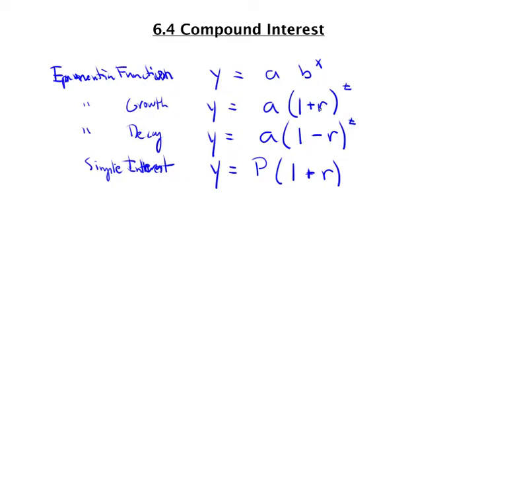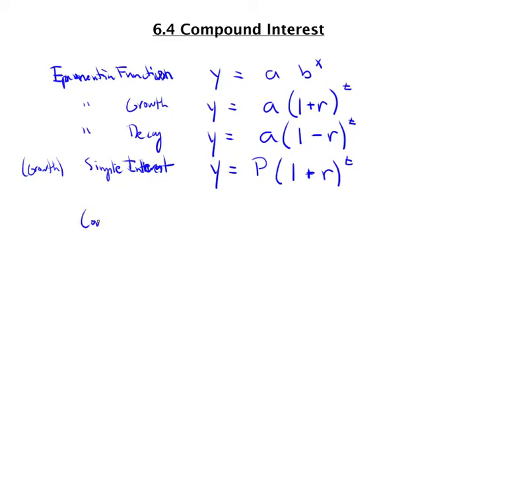So that kind of matches up with our growth, so we can think of that as a growth, and that was to the t power. So it's basically the same as a growth one. It's just because it's banking, they like the p for principal in there, and then the rate is your annual rate, with a t usually being the annual.